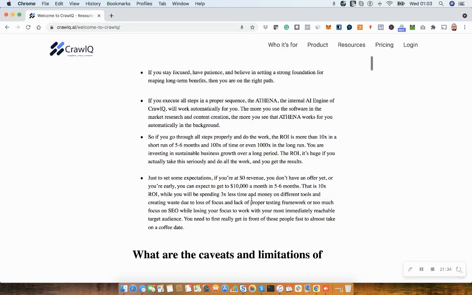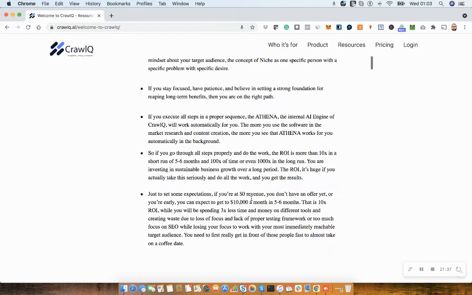So it's very hard to make fixed ROI calculations or numbers, but just to set some expectation, if you are at zero revenue today and you have not yet figured out your market fit, or you don't have any offer yet, or you're very early, you can expect to get to $10,000 monthly recurring revenue in 5 to 6 months.